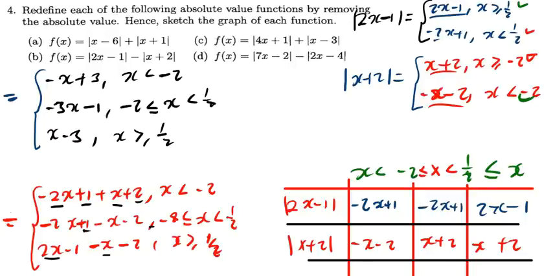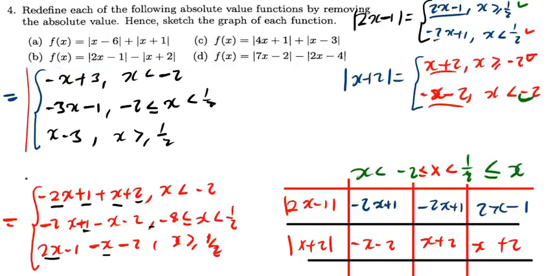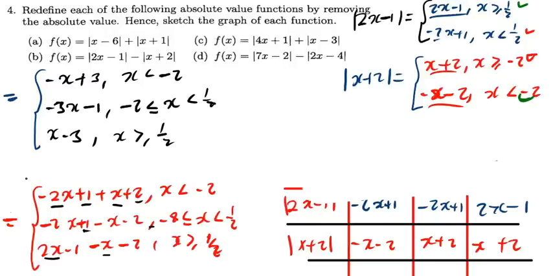Okay, so let's see. Now, redefining this one alone, this is the final answer for redefining, but we are trying to sketch it. So let me get rid of everything here.